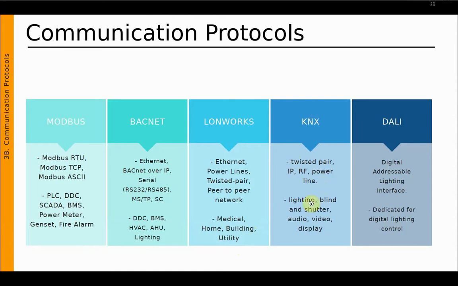The KNX protocol is usually used in lighting control, blind and shutter control, audio, video, and also display. It is much more like audio, video, and multimedia control. Another specific one is DALI. DALI is a digital addressable lighting interface. It is specifically dedicated to digital lighting control. Okay, these are the five major communication protocols in a building automation system.